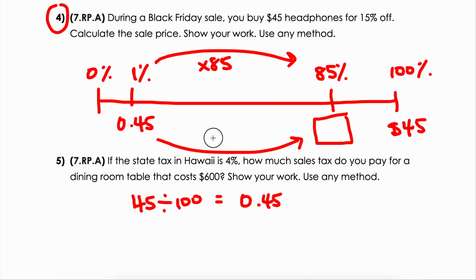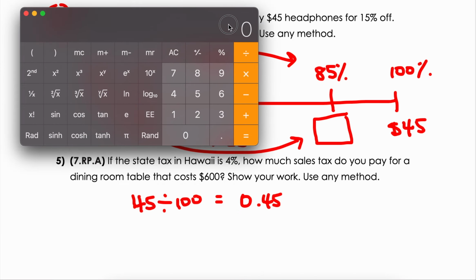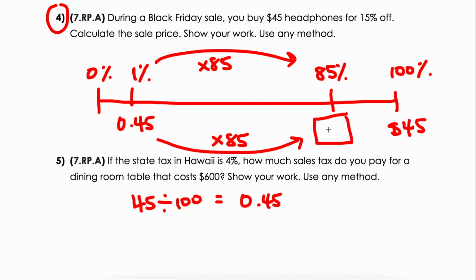So that means over here, I would also multiply by 85 to get to what my 85% is. So that would be 0.45 times 85, and I get $38.25. Okay, because if I were to subtract 15%, that gets me right to 85%.